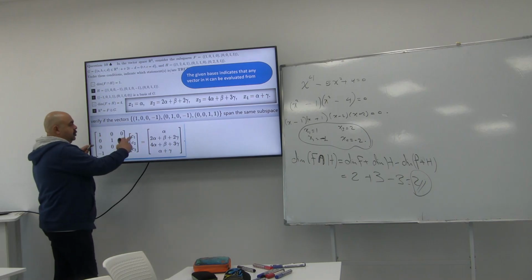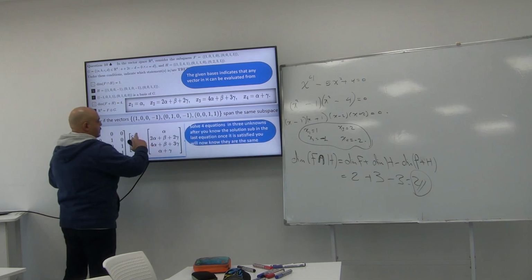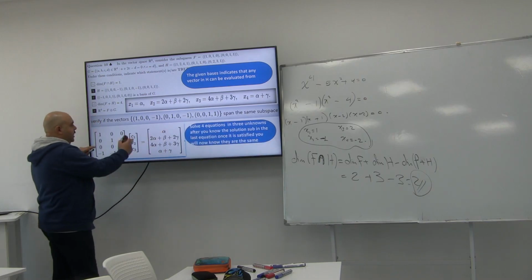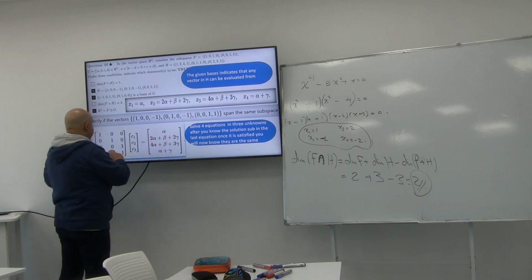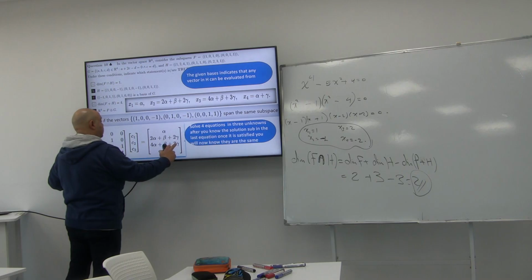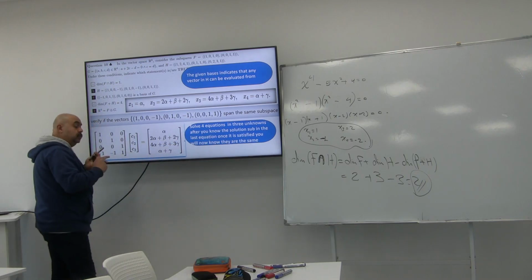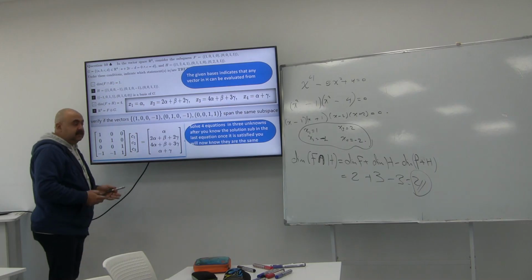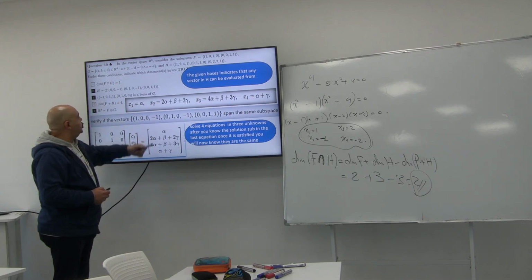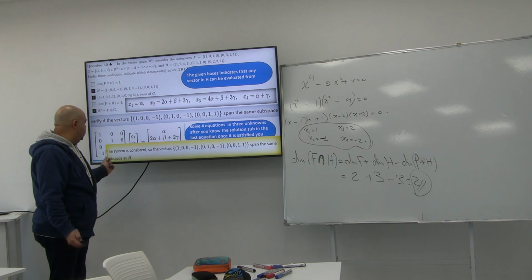The first equation states that C1 is equal to alpha. The second, C2, equals 2 alpha plus beta plus 2 gamma. The third, C3, equals 4 alpha plus beta plus 3 gamma. Take C1, C2, C3 and substitute in the final equation. It will be satisfied, which means H can span the same subspace, as I told you.